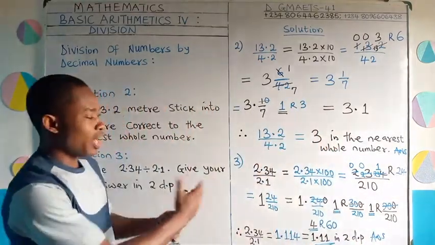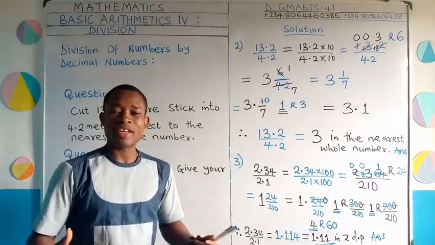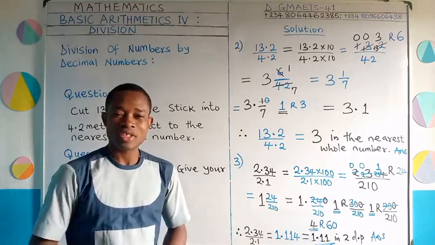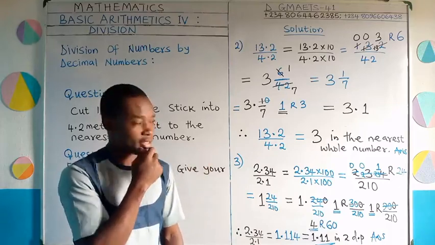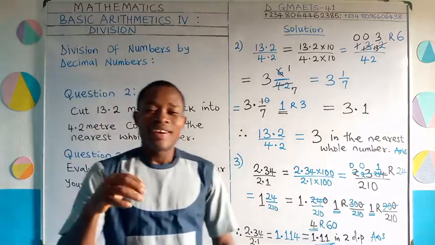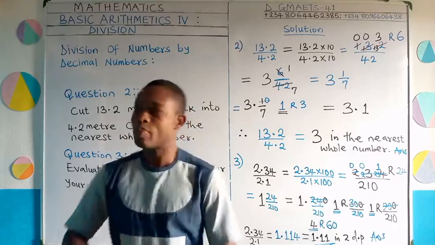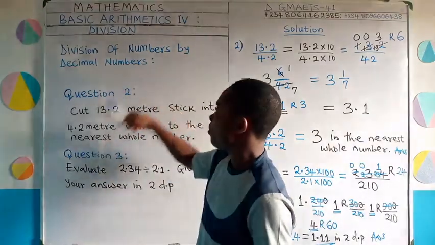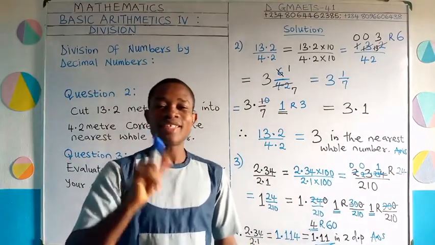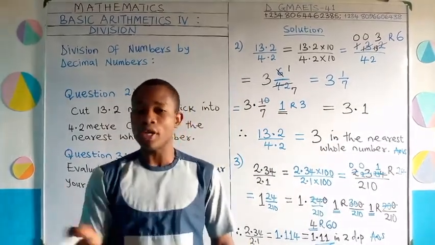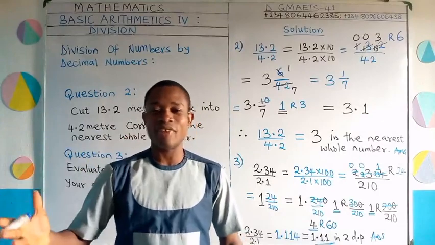Now, this seems to be a bit long because the numbers we're dealing with are big. The fact that the number is big does not really matter. If you have a good knowledge of your multiplication, you play around these things. Having solved these questions, the main thing you learned from this part of division of numbers by decimal numbers is how to change a decimal number to a whole number by multiplying it using a standard value of whole number.